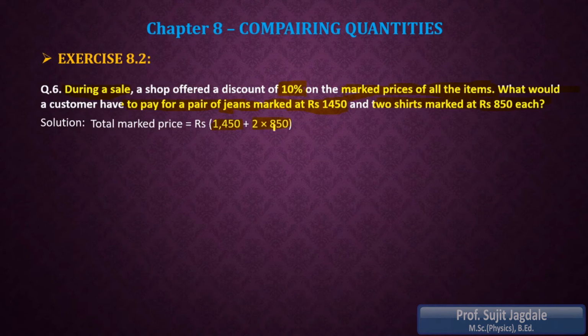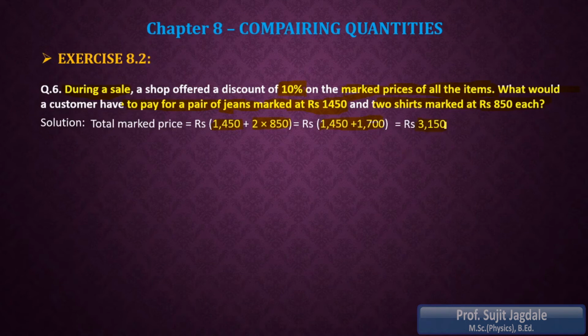So 2 into 850 is 1700, and you have to add 1450 to it. The addition is 3150.